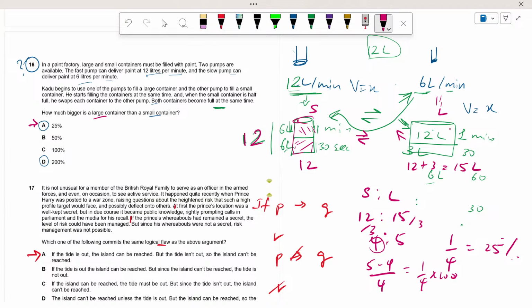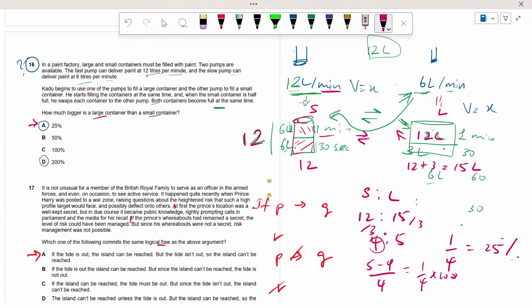Because we swapped, for the smaller container to fill fully it took 1 more minute, and exactly, the larger pump takes 1 minute to fill 12 liters. That's how we got this 12 liters.